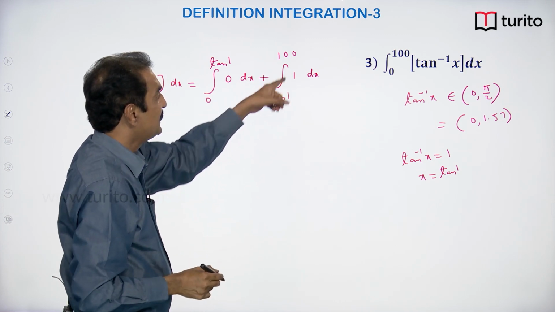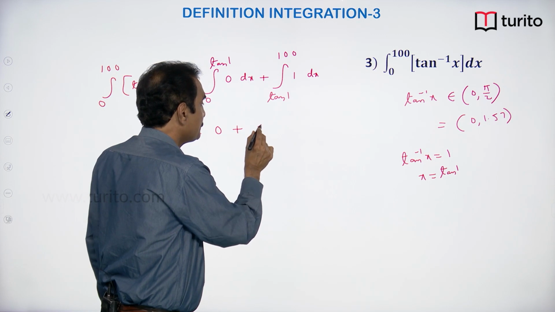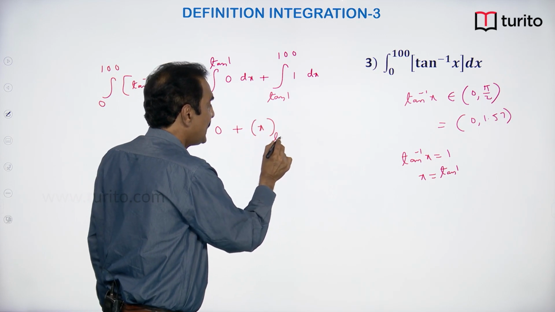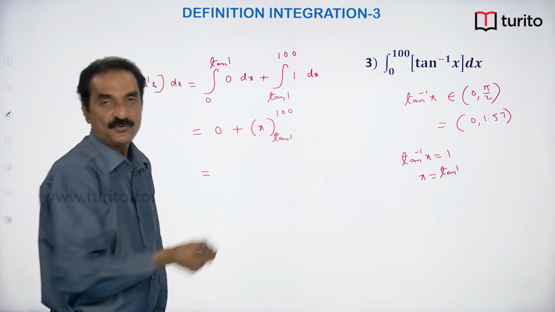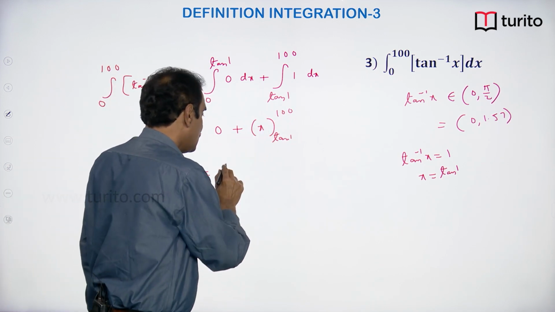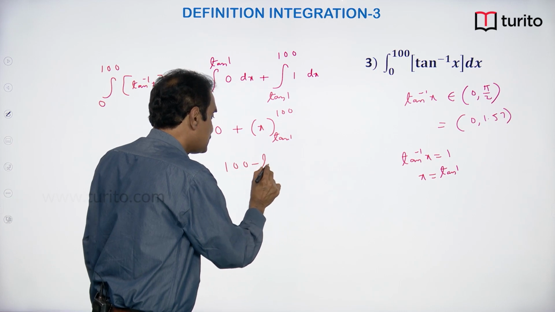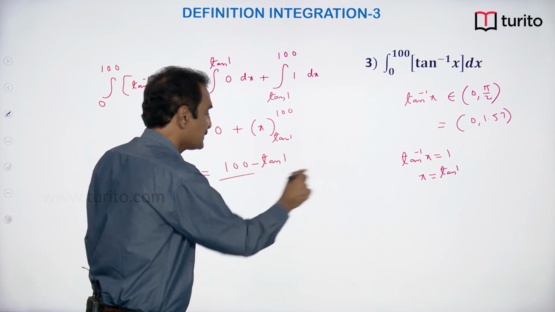And what is this? Integral of 1 is x, limits tan 1 to 100. Now substituting the limits, 100 minus tan 1, this is the answer.